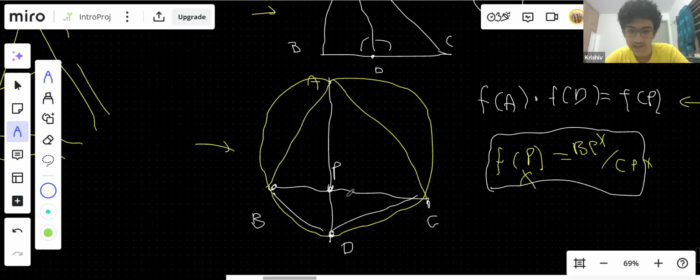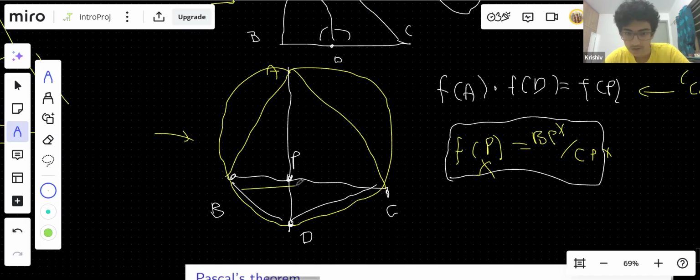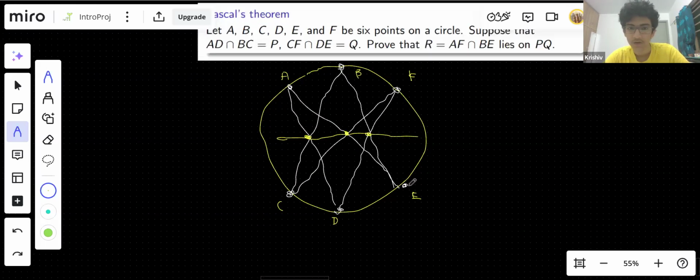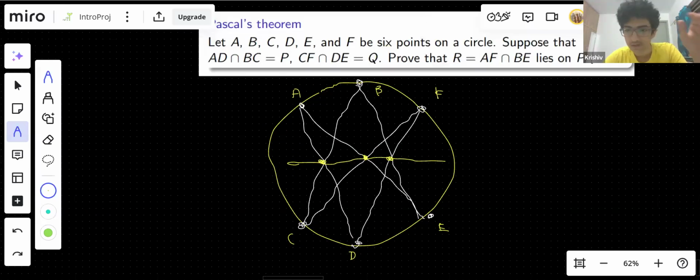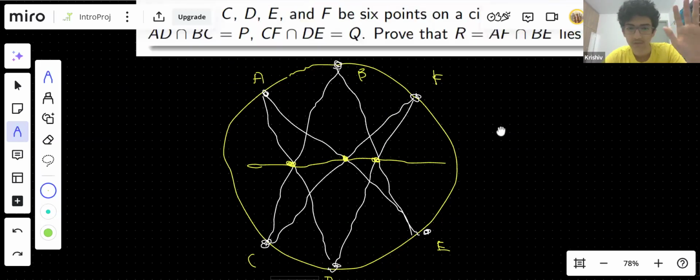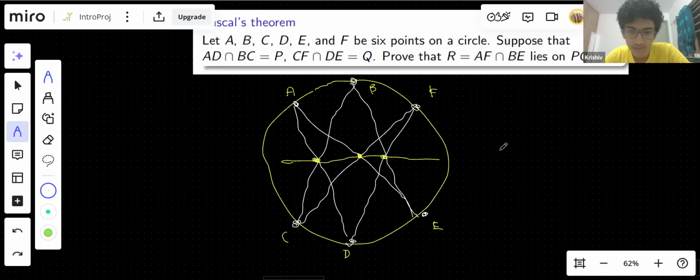In our case, if anything is on or above BC, then this ratio is positive, and if it's below, then it's negative. We won't be using directed lengths for the ratio lemma as much. We'll just work very simply and fast, and not delve into the configuration.